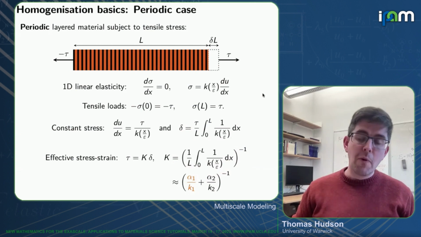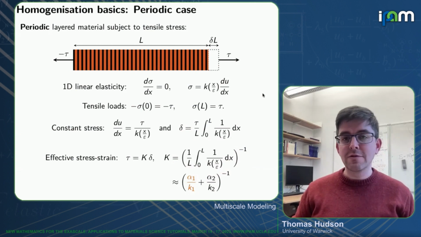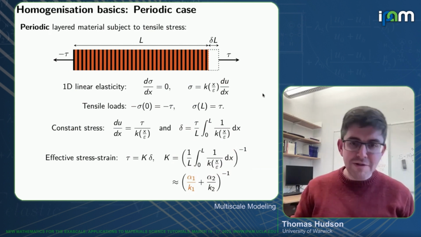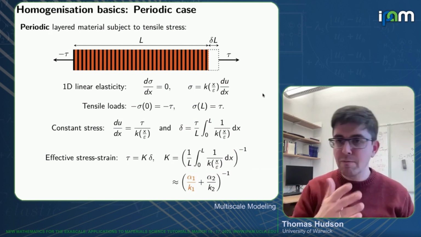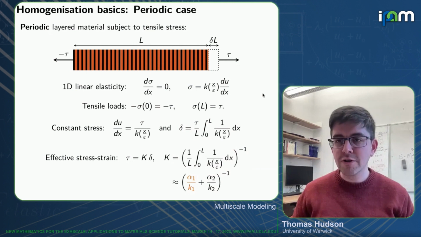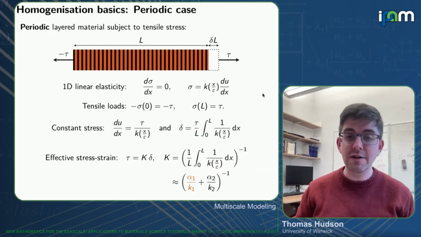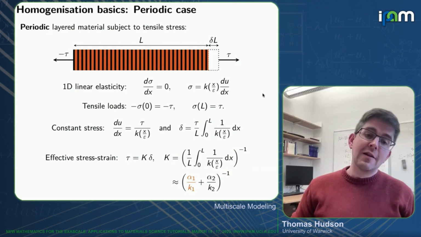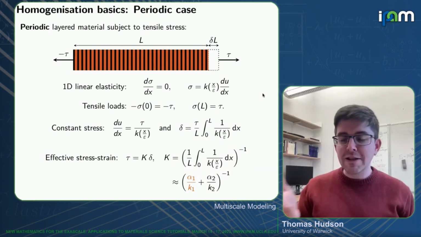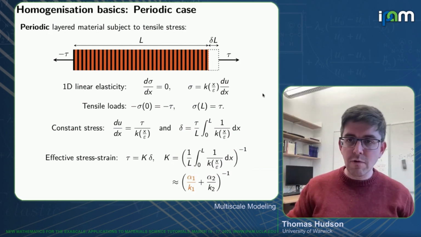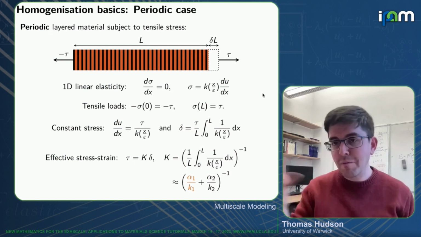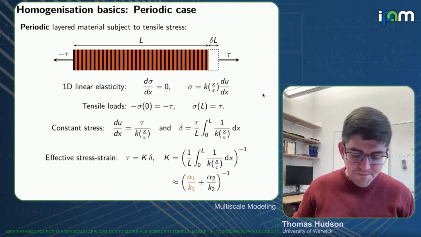And so the point is that while this is all linear, the effective response is a much more complicated average, a harmonic mean of the different elastic coefficients in this case. We can work this out in this nice simple case, but in general, we need to do some work to actually work out what the effective response is if we have a layered or more complicated periodic material.